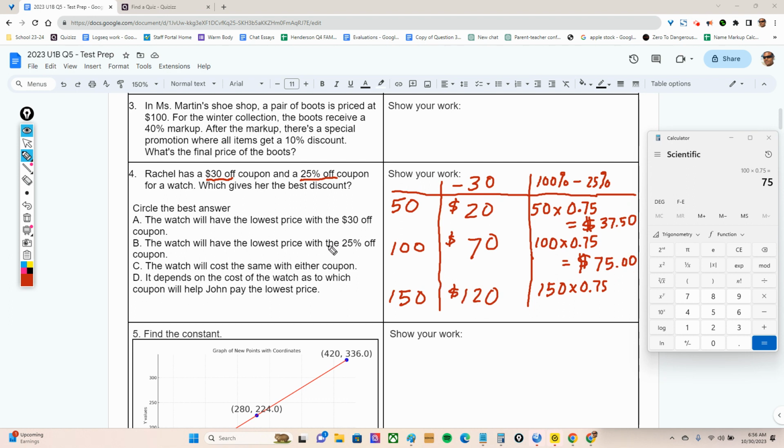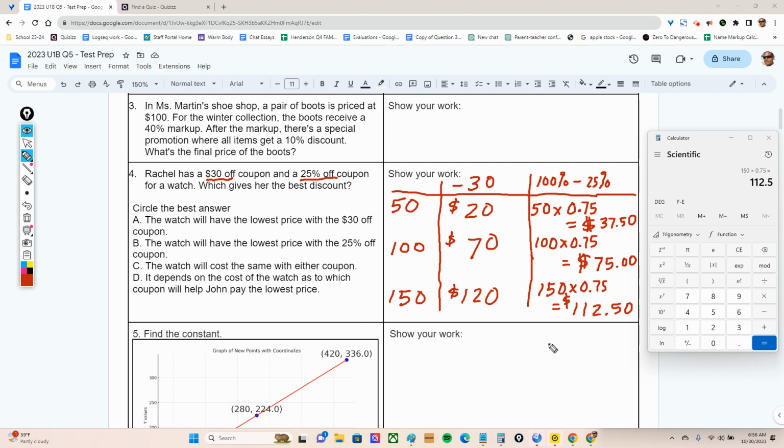And over here, what we got here? 150 times 0.75 equals, and I only have room for the dollar sign there, 112.50.